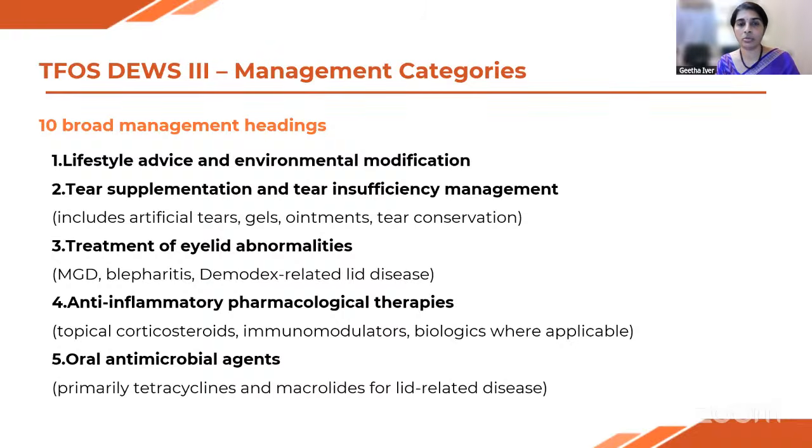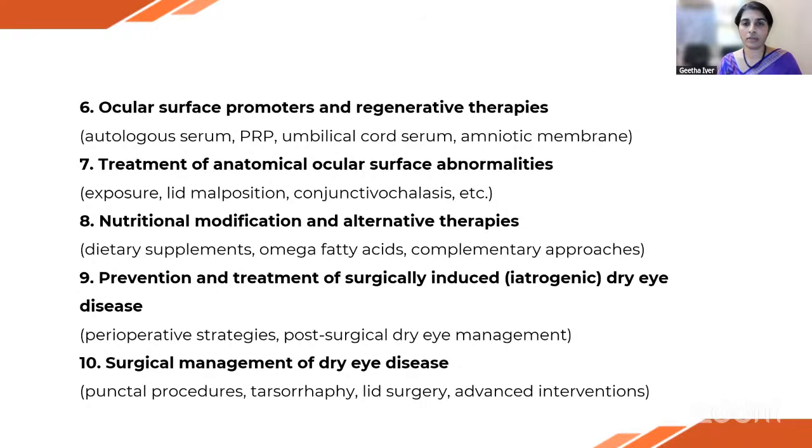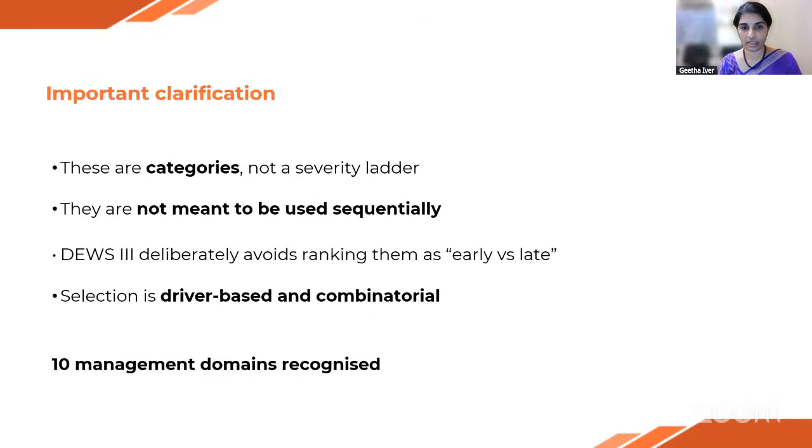So DUCE-3 divides management categories into 10 broad management headings based on lifestyle and environmental modification, tear supplementation, treatment of eyelid abnormalities, anti-inflammatory pharmacological therapies, oral antimicrobial agents, ocular surface promoters and regenerative therapies, treatment of anatomical ocular surface abnormalities, nutritional modification and alternative therapies, prevention and treatment of iatrogenic dry eye disease, and surgical management of dry eye disease.